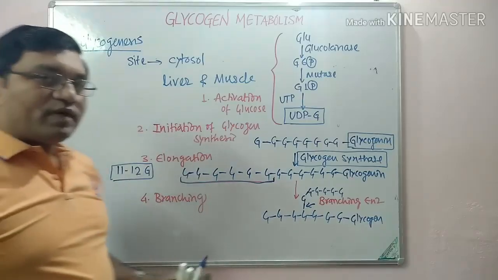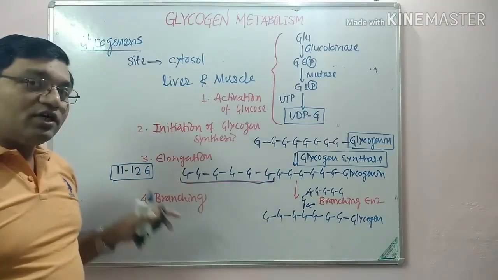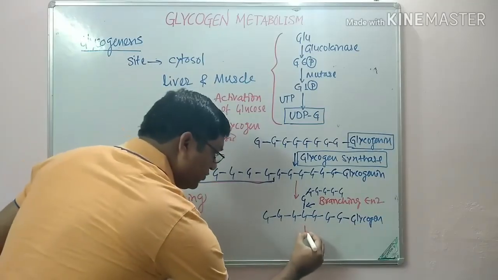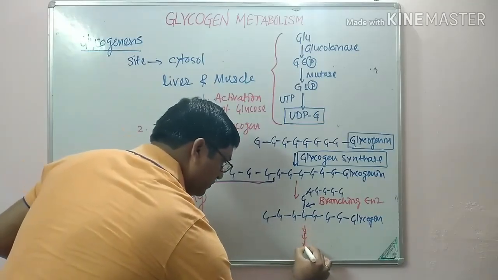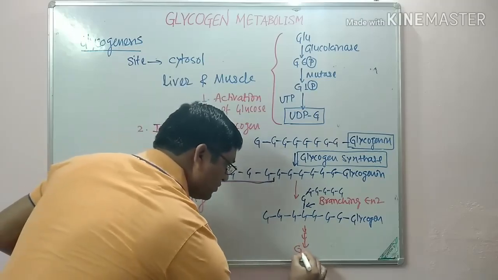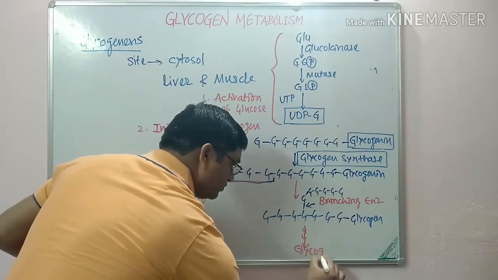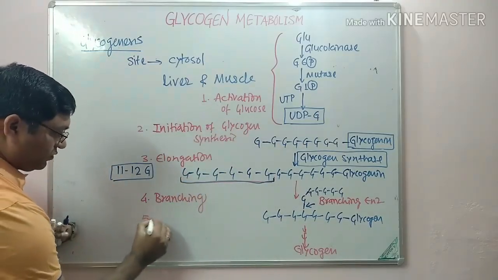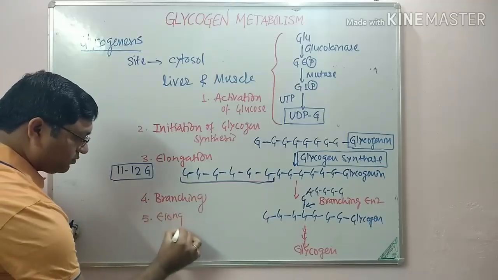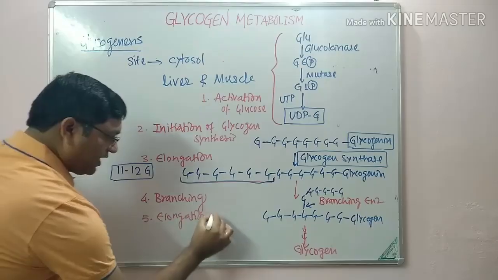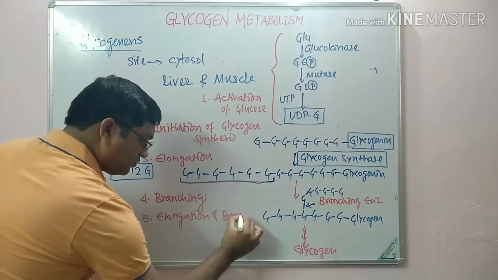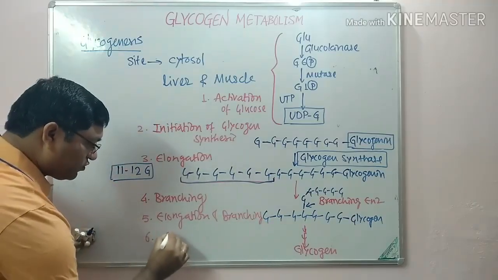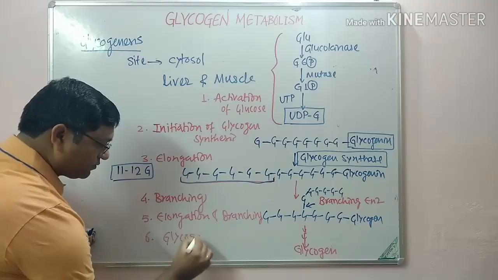Then this process of elongation and branching continues till the formation of glycogen molecule.